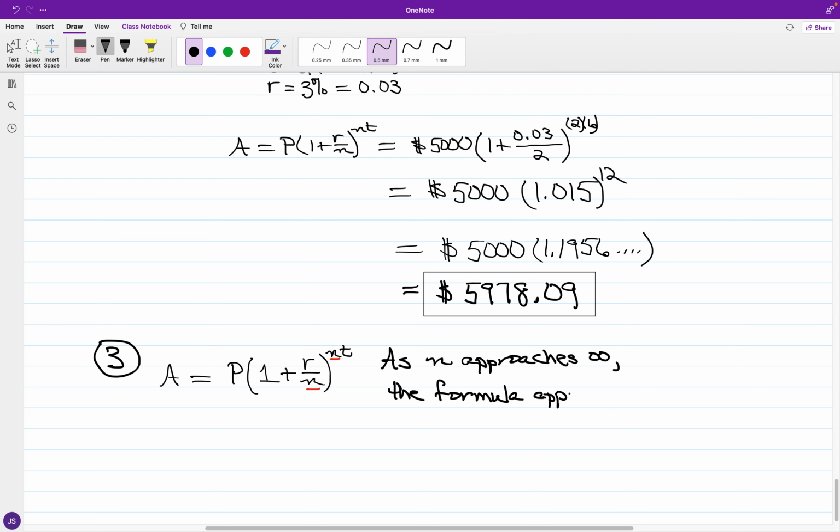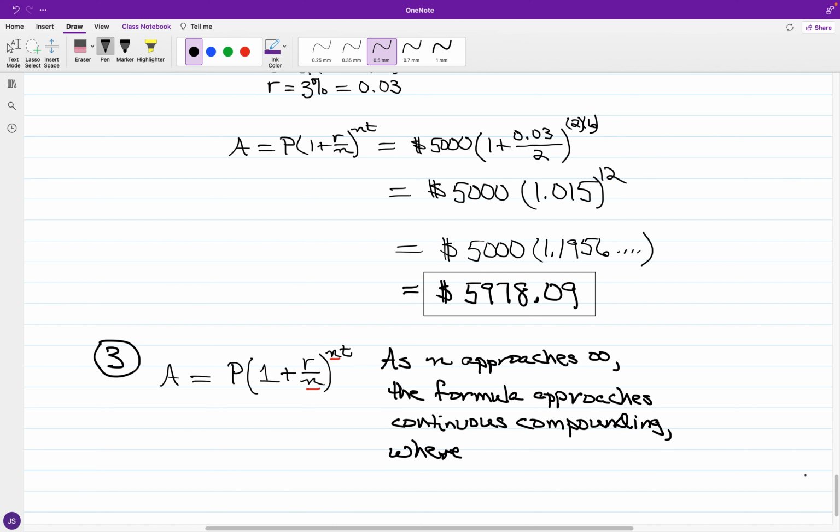Okay, now the formula is going to be approaching continuous compounding. Or what we have in the case of this item.